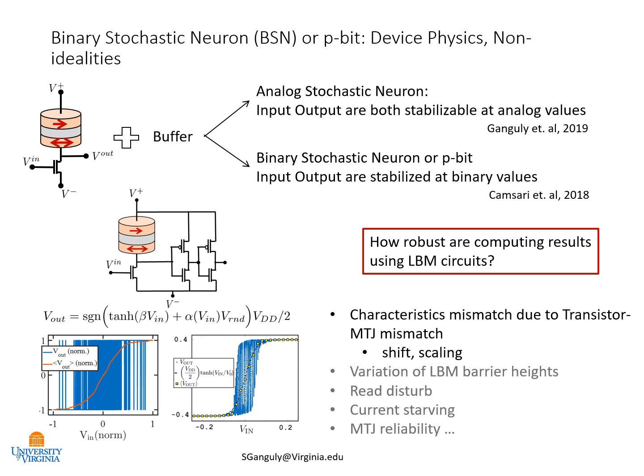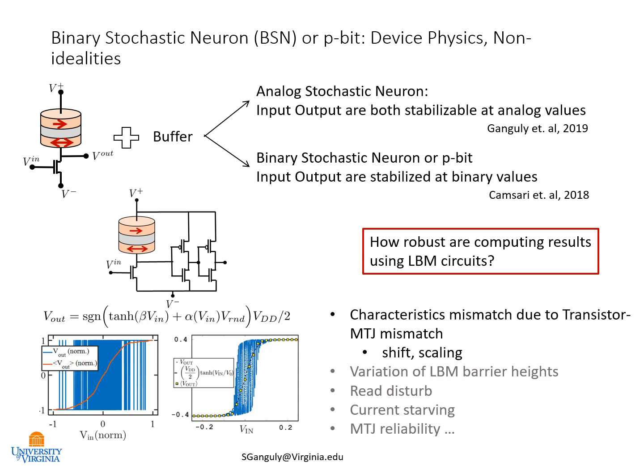One example is this transistor and MTJ based pull up pull down, and you add a buffer, and you get this device. I'm showing you certain characteristics, and this is the equation for V out. The output voltage has a tanh characteristic, but there is also a noise term in it. So now the question is, how robust are computing results from such magnets?